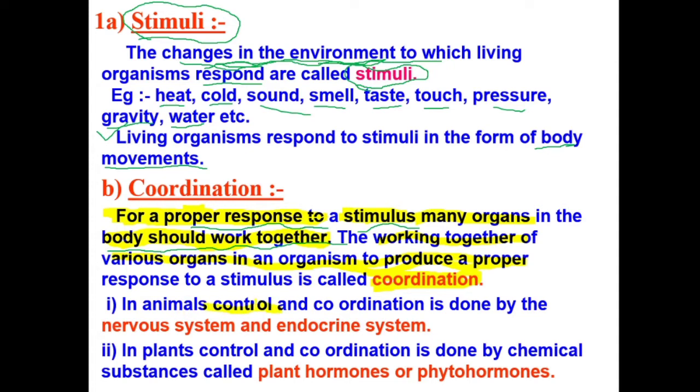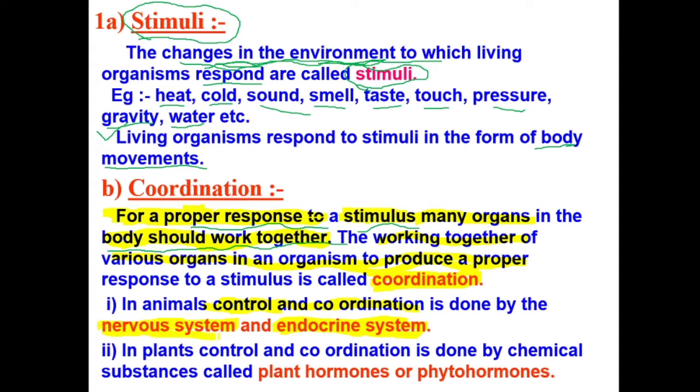Animal means we are talking about us. And in animals, control and coordination is done by the nervous system, that is our brain, nerves, spinal cord, and the endocrine system. Endocrine system means here our glands are included. We will come into that. In detail we will discuss what the endocrine system does, what our nervous system does, how it does.